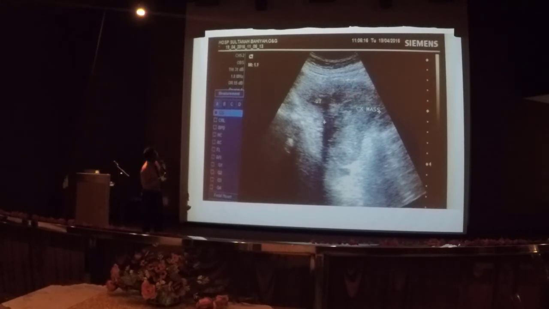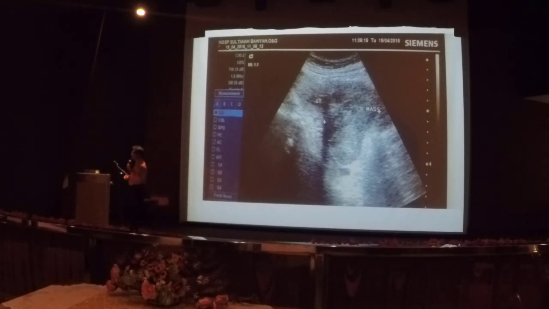On examination, the cervix looks normal, and there is a mass protruding from the posterior fornix. When you do the scan, you can see the uterus, and then the mass partly from the rectum going at the back and encroaching on the area of the cervix and posterior fornix.